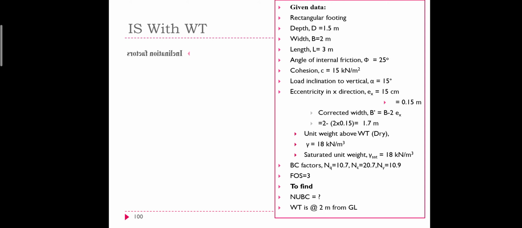Now we have to find the inclination factors. Here the inclination factors are not equal to 1 because the load is inclined, that is given in the question. How much is it inclined? 15 degree. So alpha is taken as 15 degree, the load inclination to the vertical. So Ic formula is (1 minus alpha by 90) the whole square.